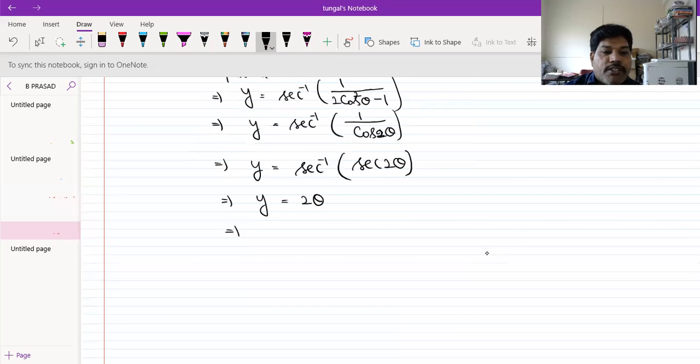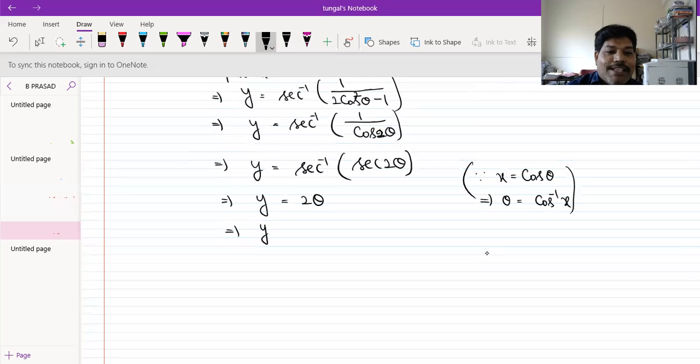What is the condition we have taken? x is equal to cos theta. So automatically theta will become cos inverse x. So y is equal to 2 cos inverse x. Differentiate with respect to x.